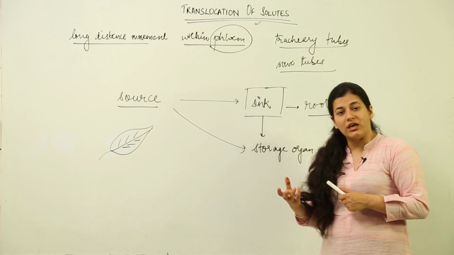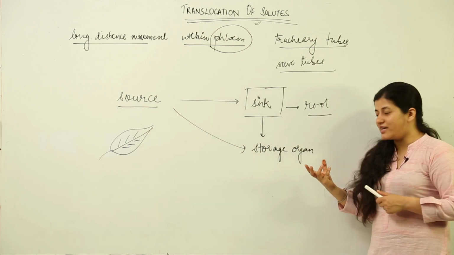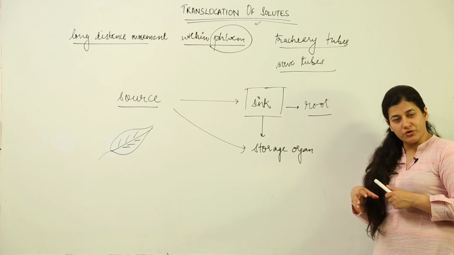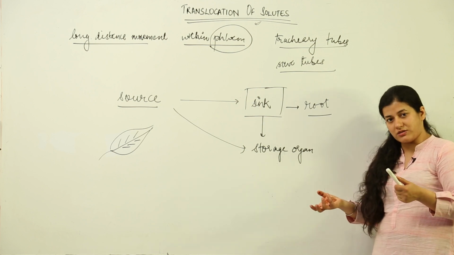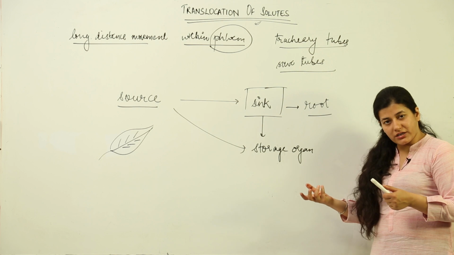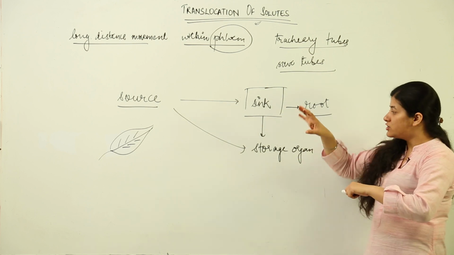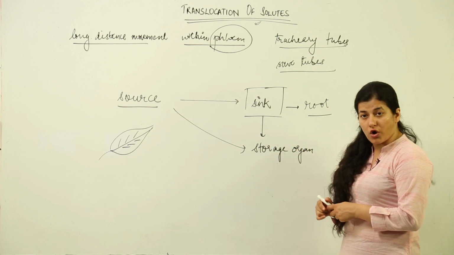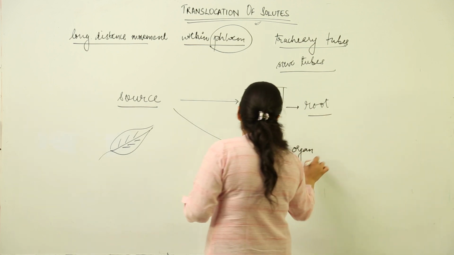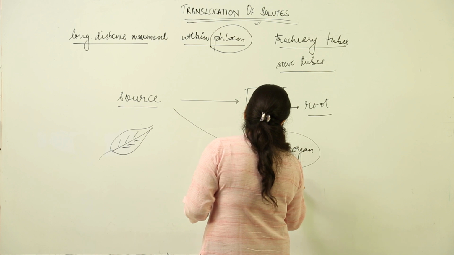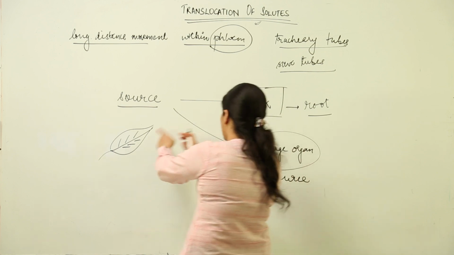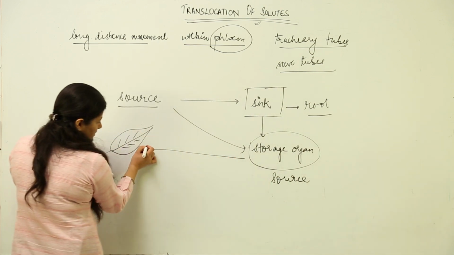In certain roots and stems, they store the food material, then whenever the circumstances are favorable, that stored food is utilized by other parts. So, at times this storage organ could act as the source, and the leaf itself could act as the sink.